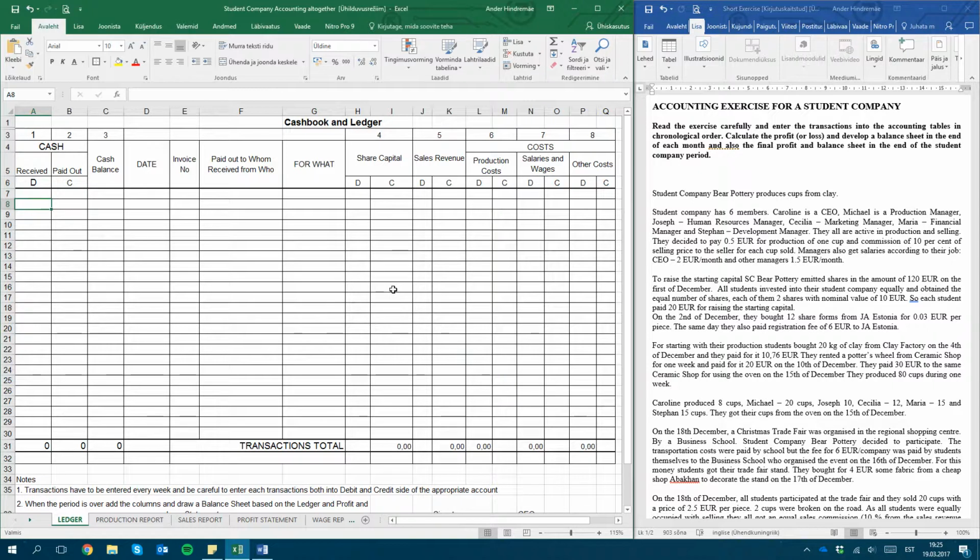To get started, let's see what the tables are that concern the accounting. There are quite a number of them, and you can see the most important one open on my screen in Excel, which is the ledger with cash book. In here we're going to record all our transactions.